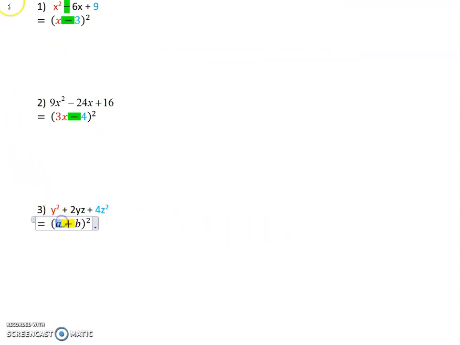Okay, where a is the square root of the red and b is the square root of the blue. So the square root of y squared is going to be y, and the square root of 4 is 2, and the square root of z squared is just z. So that should be the answer, but I just want to check to make sure.